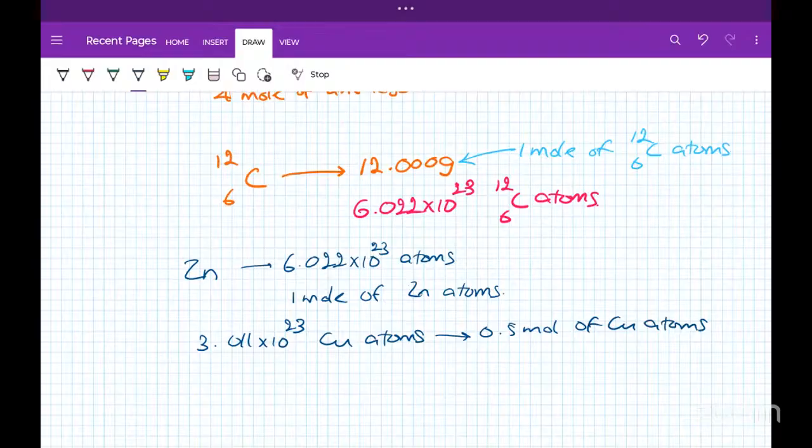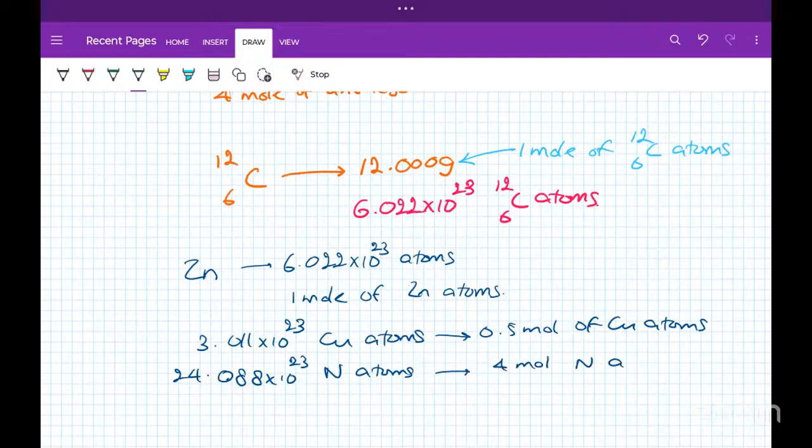Let's say I'm taking 24.088 × 10^23 nitrogen atoms. So we can say this is exactly 4 moles of nitrogen atoms. In this way, we can define the mole concept. Mole is just a number. What is the number? Avogadro number, 6.022 × 10^23. Any questions on this? No.